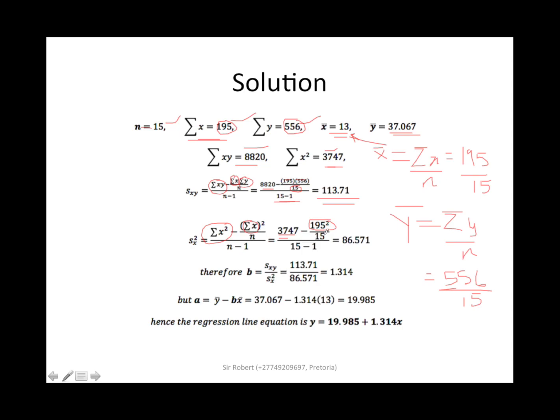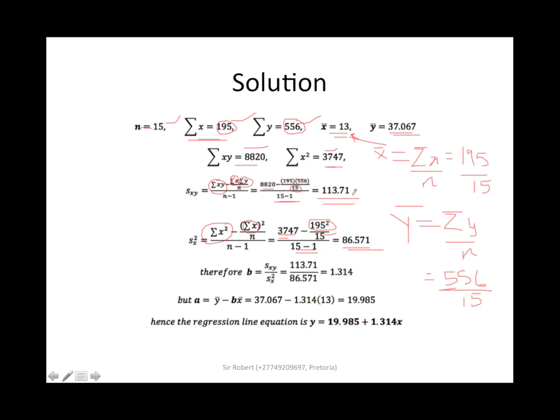Then your n is 15 and n minus 1 is 15 minus 1. When you simplify it, you're supposed to get 86.571. Therefore your b is equal to s xy divided by the variance of x.